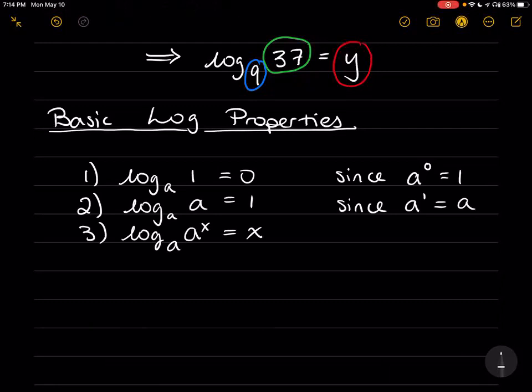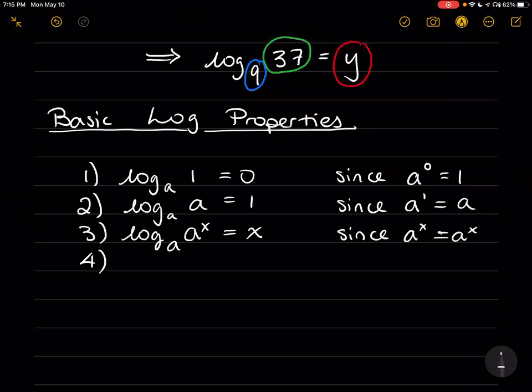Log base a of a to the x, where a and x are whatever numbers, equals x again, right? And if we wanted to, write this in the same form as we've been doing, this is since a to the x equals a to the x, but that doesn't really give you any information. The main core idea here is that logs and exponentiation are inverse functions, right? They undo each other.